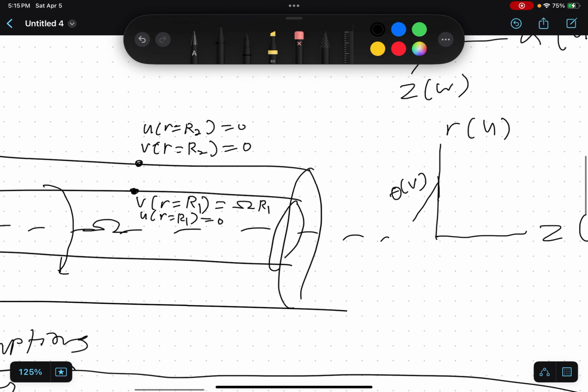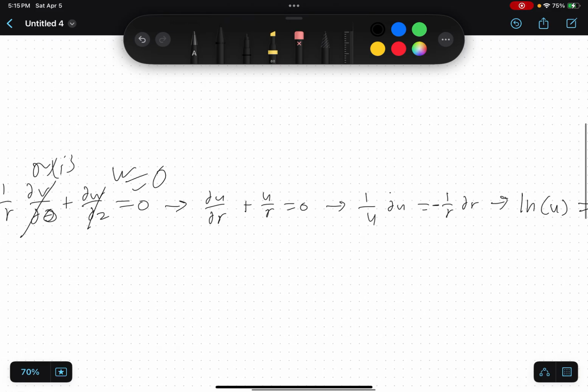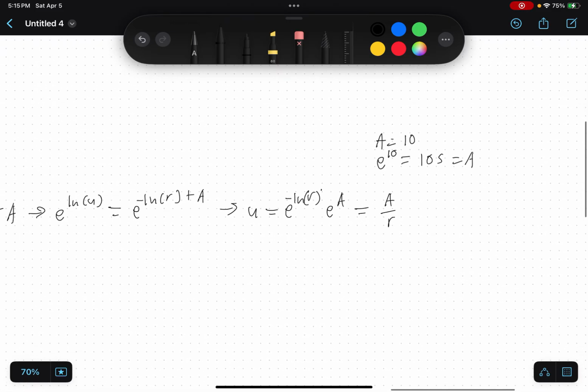We only have one unknown, just a, so we can use whichever one of those we want. BC: u at r equals R1 equals 0, which equals a over R1. So a has to equal 0.